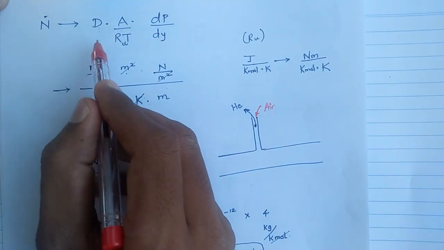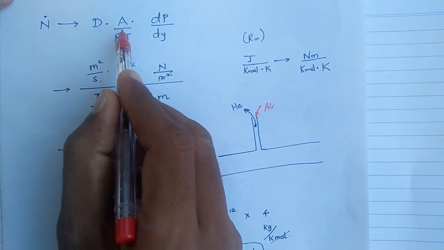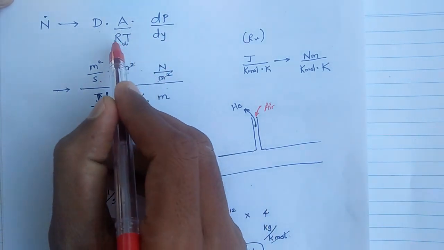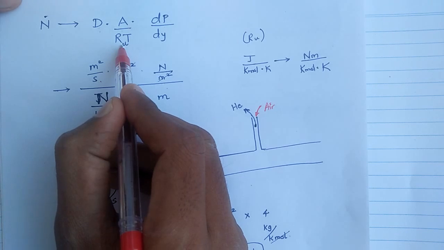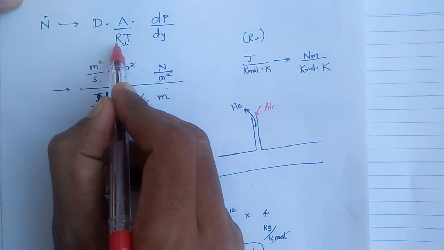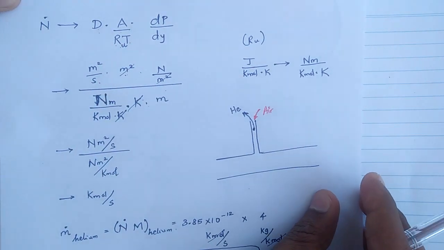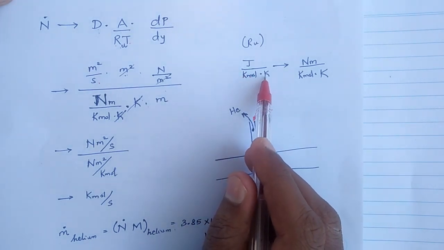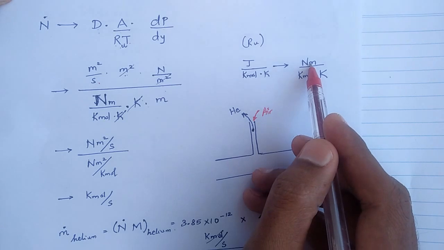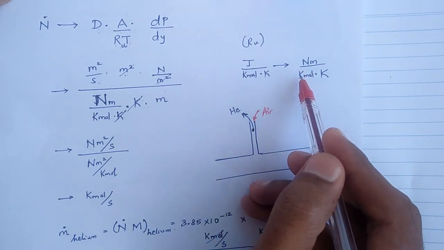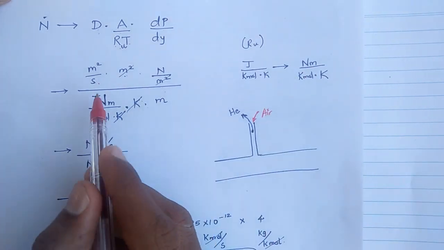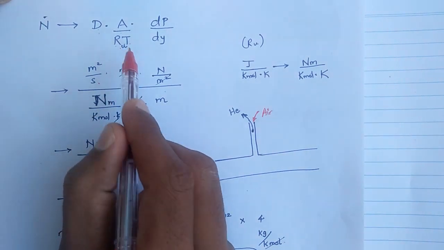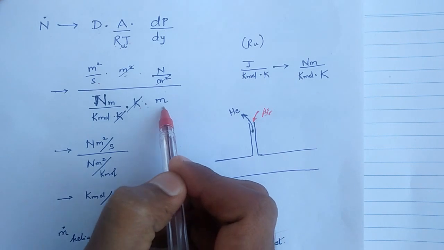So the unit of diffusion coefficient is meter square per second, area is in meter square, pressure in Newton per meter square. At the denominator you are having universal gas constant and temperature. Universal gas constant is in joule per kilomole Kelvin. So joule you can write it as Newton meter, denominator you keep it as it is. Substitute the unit of universal gas constant here, and the temperature is in Kelvin, distance is in meter.